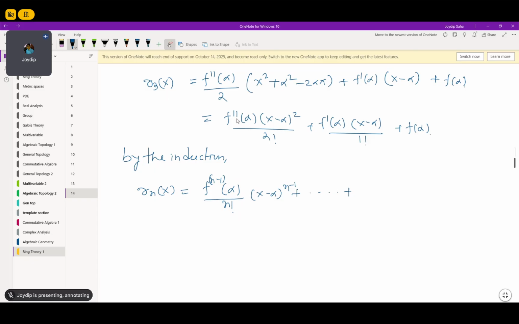For r3 it is starting from 2, one less, so f alpha. So this is a remainder.